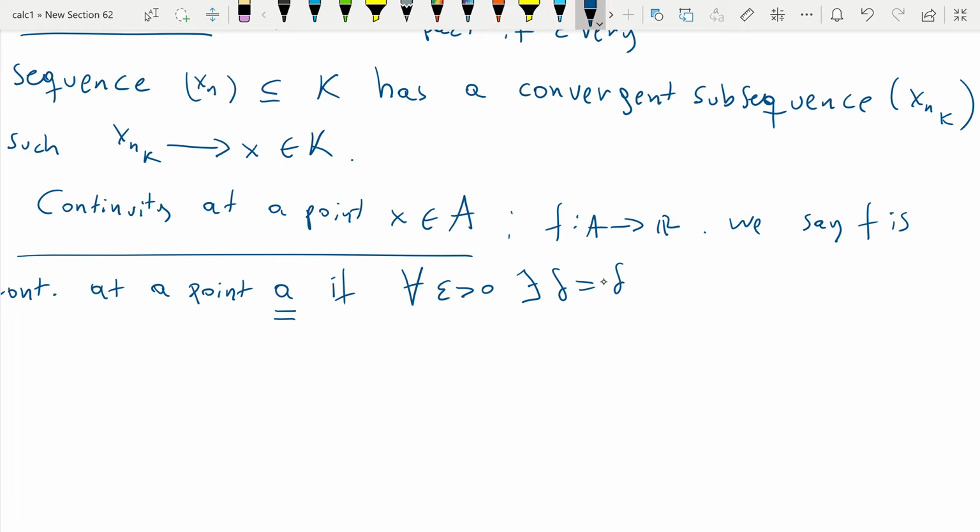This delta will depend on a and on epsilon. So in principle, it depends on the point where you're at.